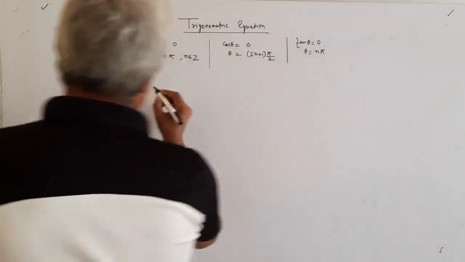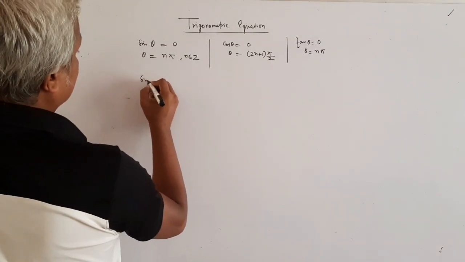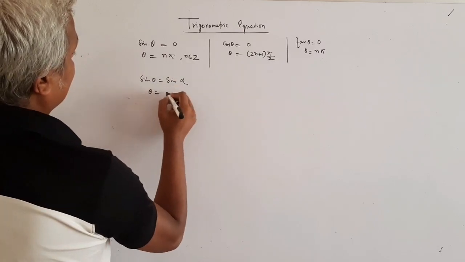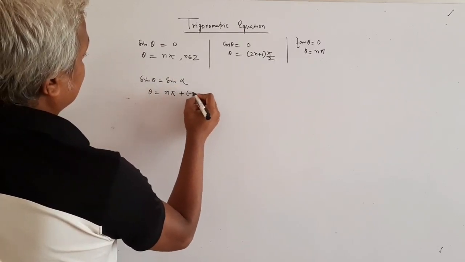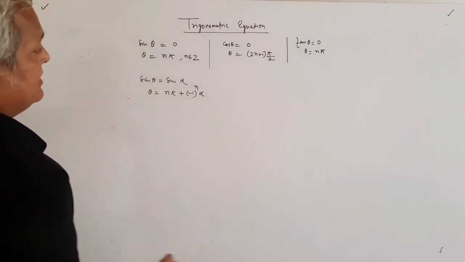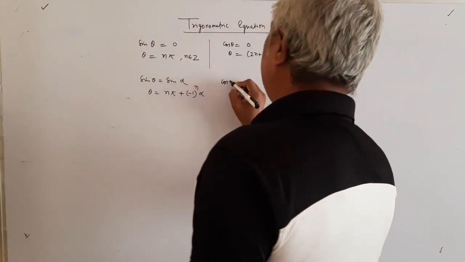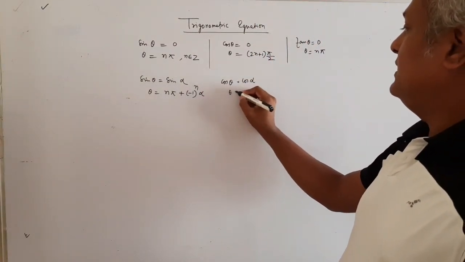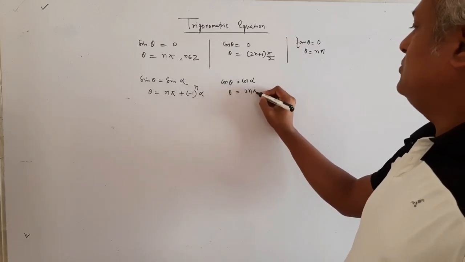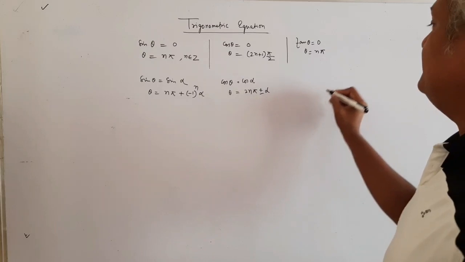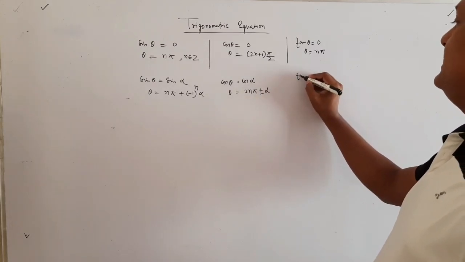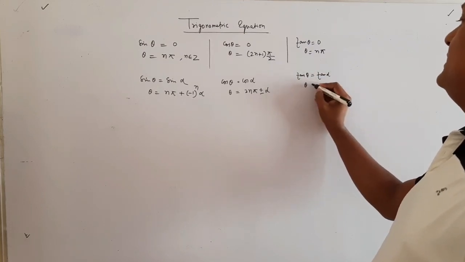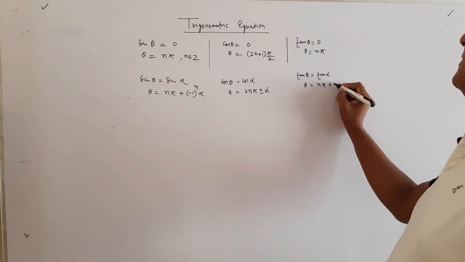Then we also saw that sin theta equals sin alpha, then theta is n pi plus minus 1 whole to the power n alpha, and cos theta equals cos alpha, then theta is 2n pi plus minus alpha, and then tan theta equals tan alpha, then theta is n pi plus alpha.